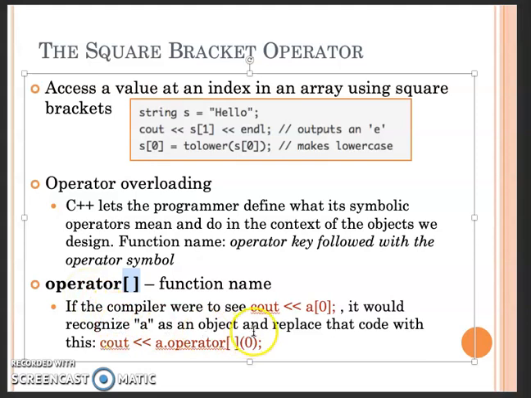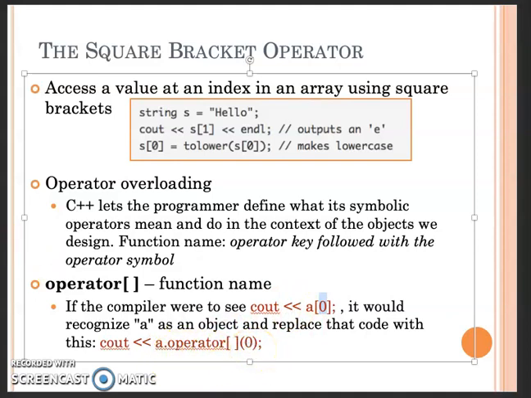Then when I have my array and I pass in the index 0, the compiler will see that the array is the object associated with the square bracket. On the other hand, this 0 will be considered the parameter argument, so that will be in the parameter list. They will look like this from the compiler's point of view.